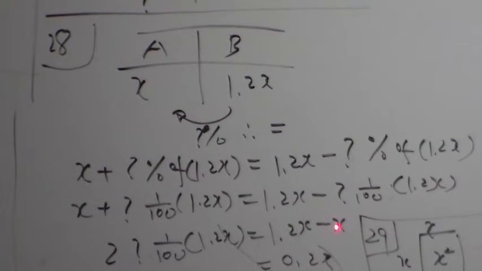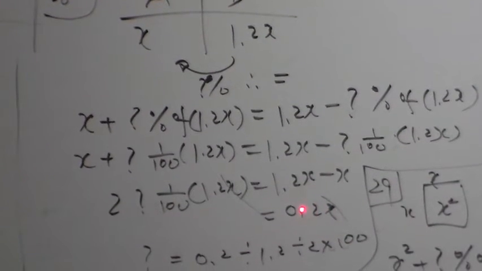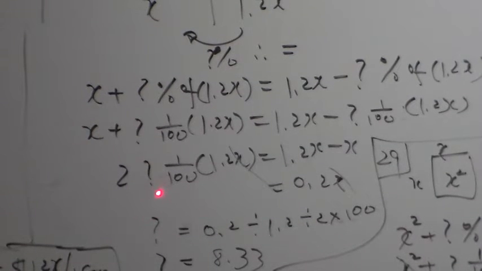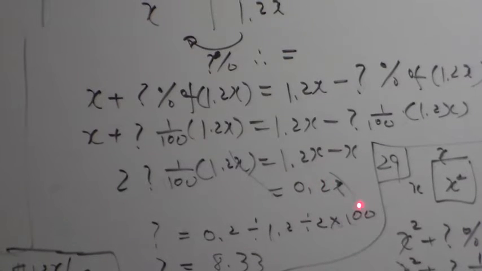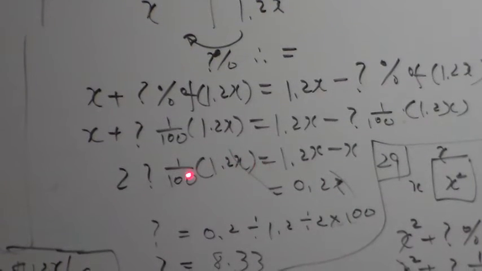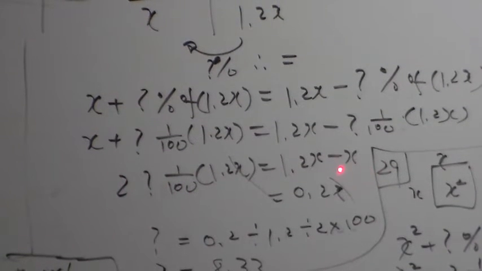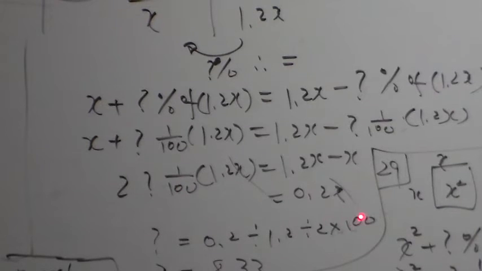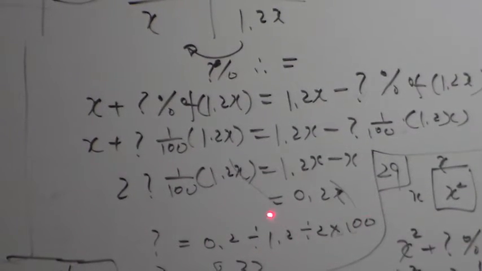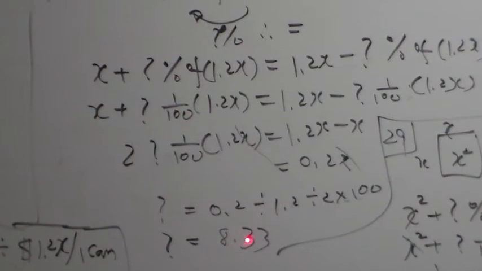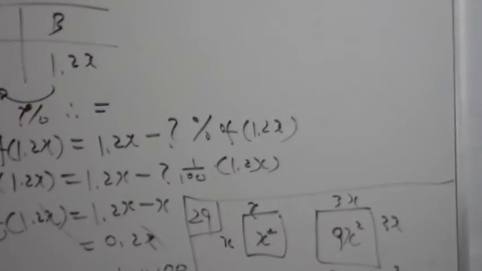So 1.2x minus x is 0.2x. Then we're just looking for the question, so x cancels out. We move this part over and divide by 2, and multiply by 100 on each side. So the question is 8.33, so 8.33%.